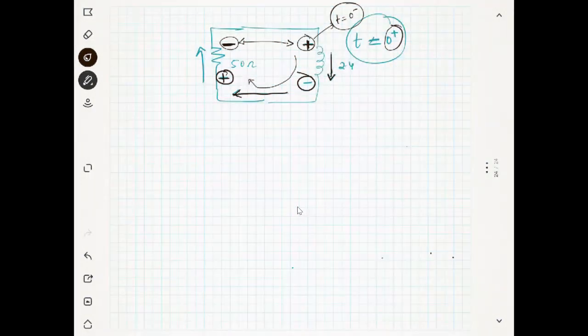If it is not the same, it will not satisfy Kirchhoff's law, or Faraday's law. In order to satisfy Faraday's law, the inductor should change the polarity. There is no other option for the inductor. So the inductor will change the polarity. This becomes plus and the other end becomes minus.